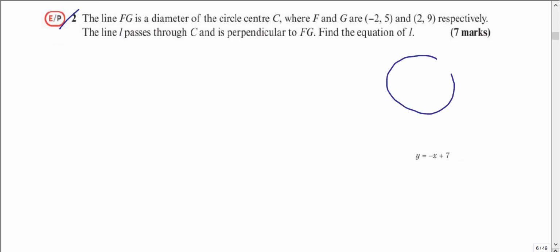A circle, and let's do the diameter, F and G. This is negative 2 and 5. This is 2 and 9. This is the diameter, the center C.